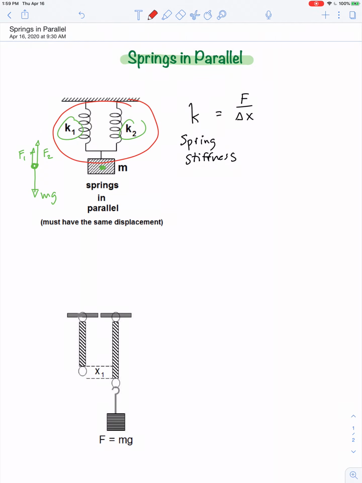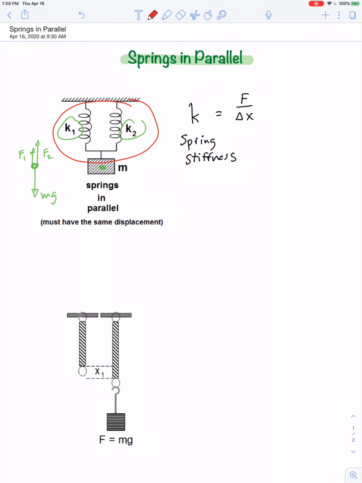So let's look at this free body diagram one more time. If you just have a single spring, just take this apart and only have spring number 1, for example, and hang the weight mg from it, then without any weight hanging, the bottom of the spring sits here.